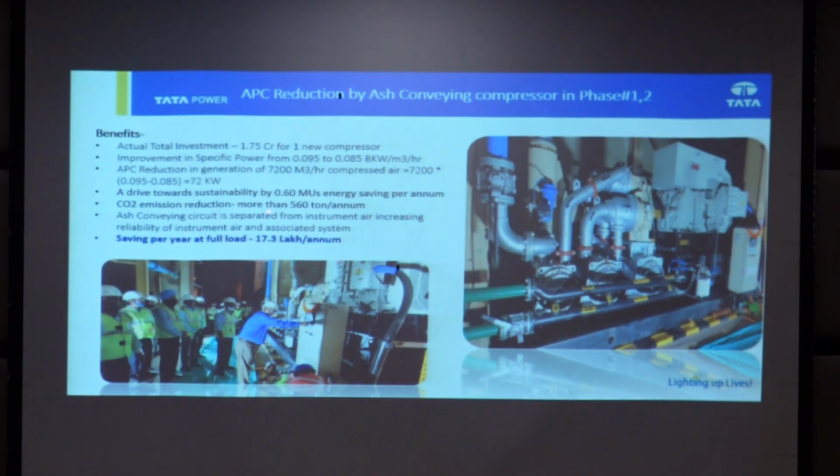The CO2 emission reduction of more than 560 tons per annum is a green achievement. The ash conveying circuit is separated from instrument air, increasing the reliability of instrument air and associated systems. The instrument air system is crucial for the operation of a thermal power plant. The net saving is 17.3 lakhs per annum.